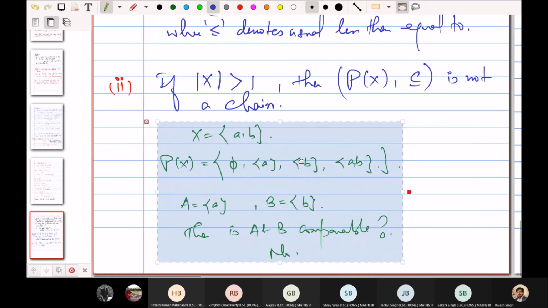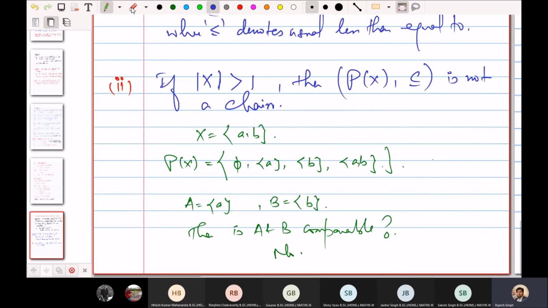So we can write like this. For example, if x is equal to {a, b}, Px is this.